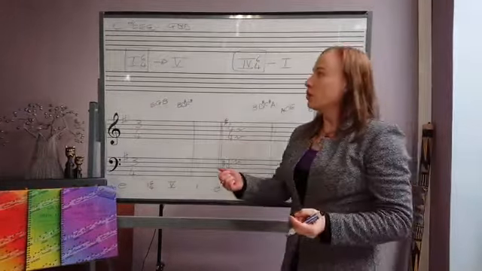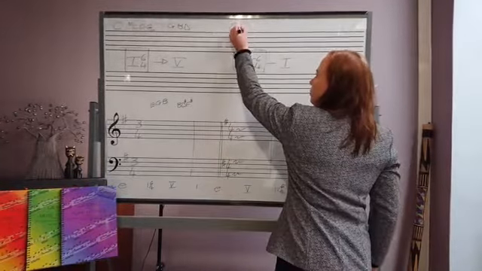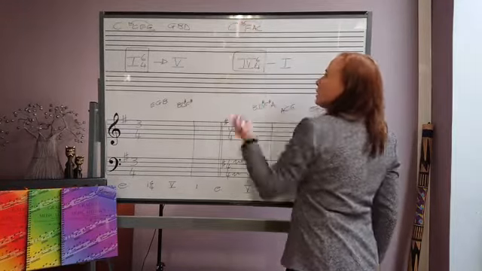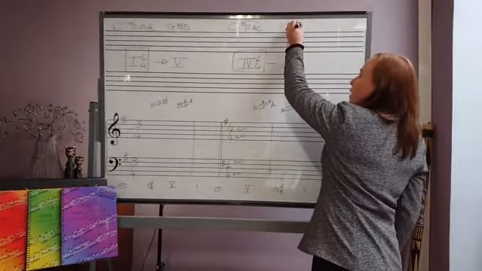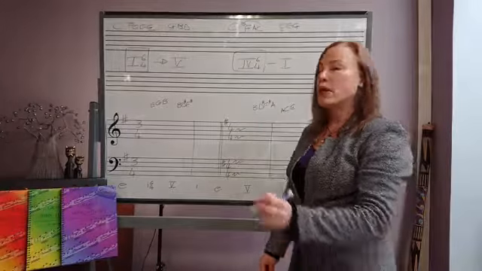And with this one, when we write chord IV also in C major, in second inversion, the C is the one that's going to be in the bass, and of course with chord I in root position, the C is also in the bass.